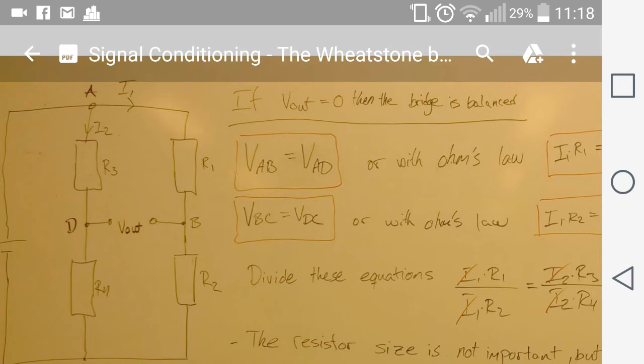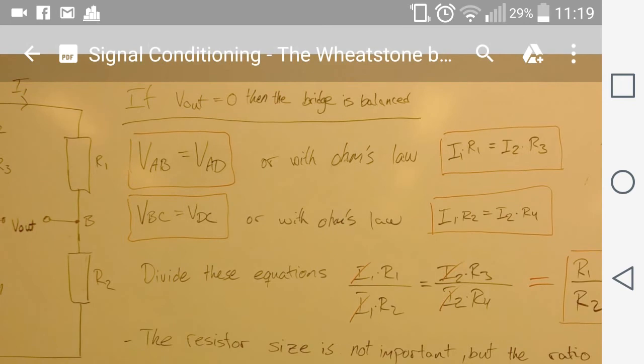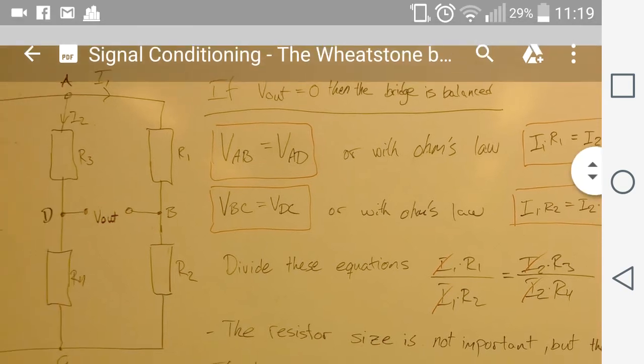And then we can say that the voltage drop AB between node A and B and the voltage drop between node A and D is the same. And if we write it with Ohm's law, we can say that the current I1 times the resistor R1 is equal to the current I2 times the resistor R3.